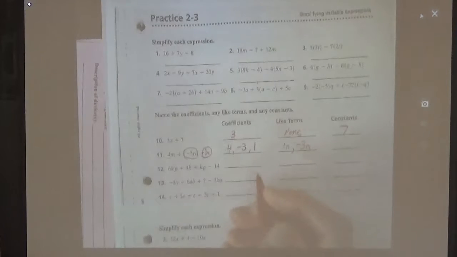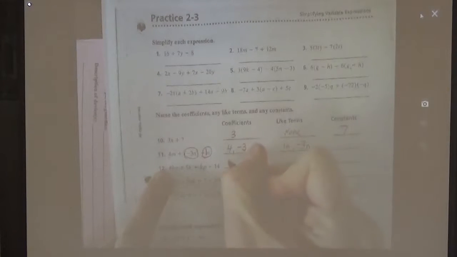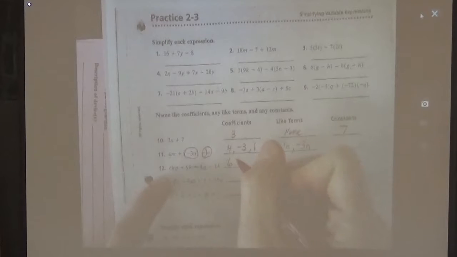Number 12. What are the coefficients? Otto? 6kp. Or is that 6k? Just 6.